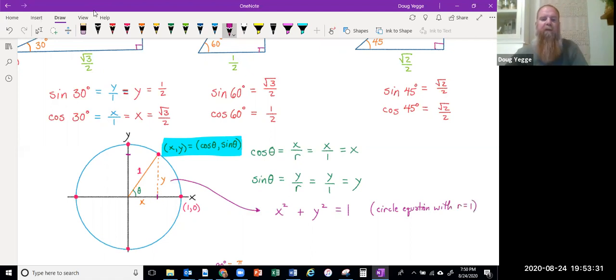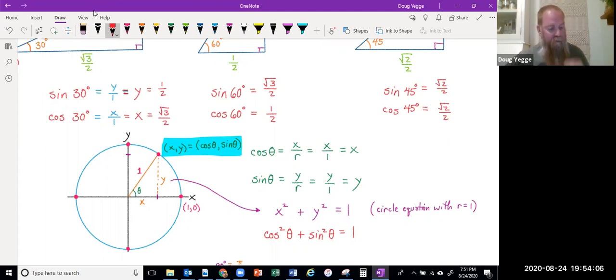But the more interesting thing about this circle is that since we just determined that x is cosine and y is sine, for every circle where the radius is 1, we now have derived again the Pythagorean identity of cosine² θ + sine² θ = 1. So it's a surprising result when you end up looking at this triangle where the unit circle shows us the x-coordinate is cosine and the y-coordinate is sine.